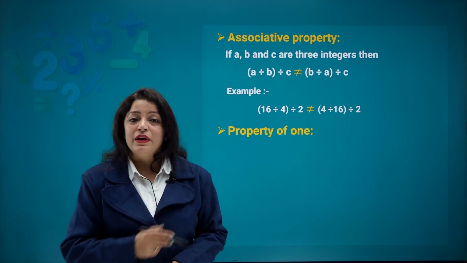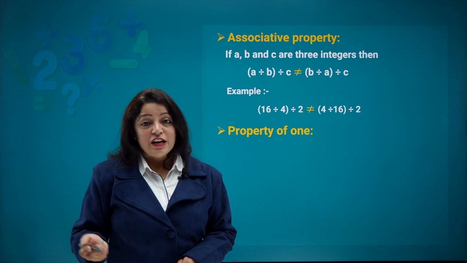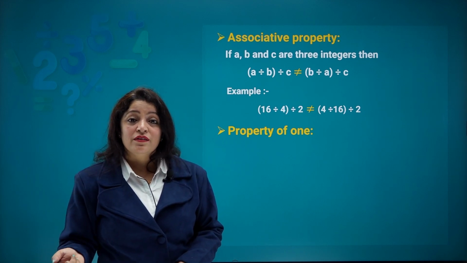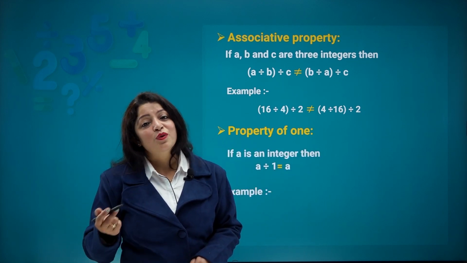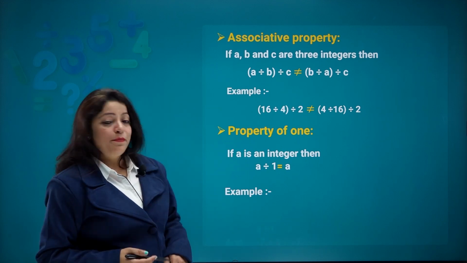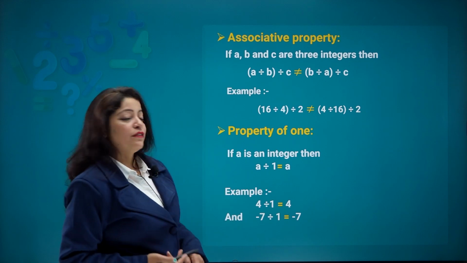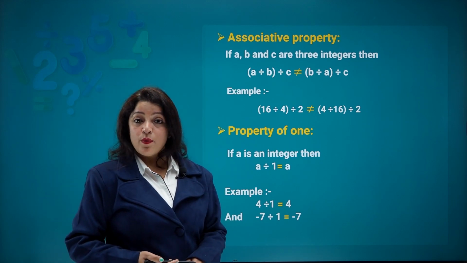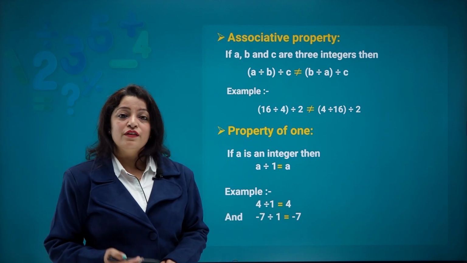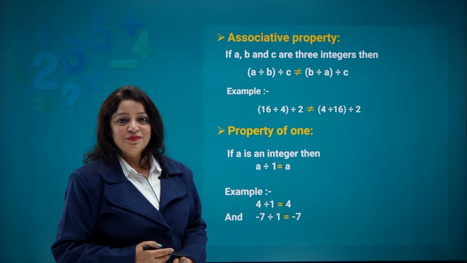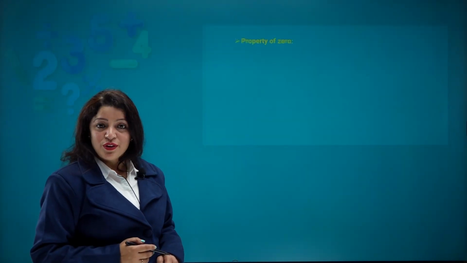If you divide 100 by 1, the result will be 100. That means if you divide a by 1, the result will be a only. Even if you apply to negative numbers like minus 7 divided by 1, the result will be negative 7. So this property of 1 is also clear to you.